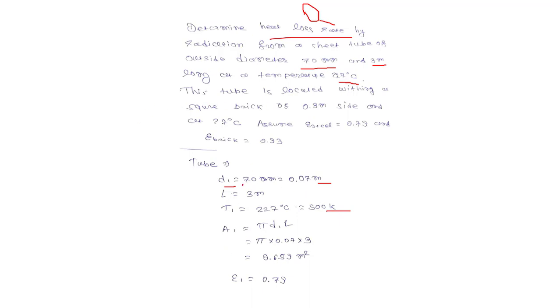So diameter is 70 mm, so we can write 0.07 meter, dividing it by 1000, and the length is 3 meters, so we are just putting 3 meter here.